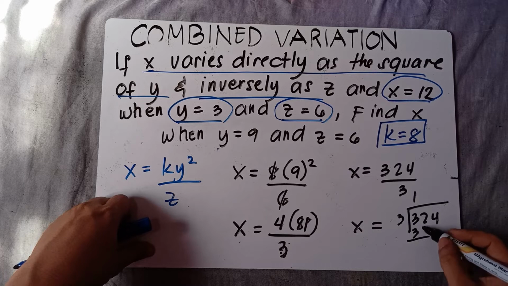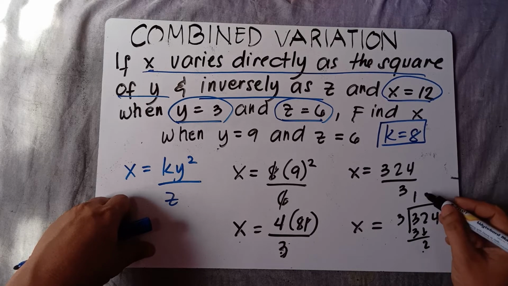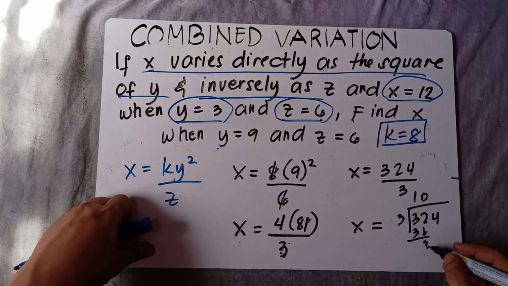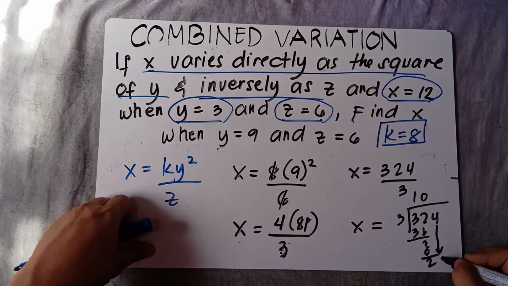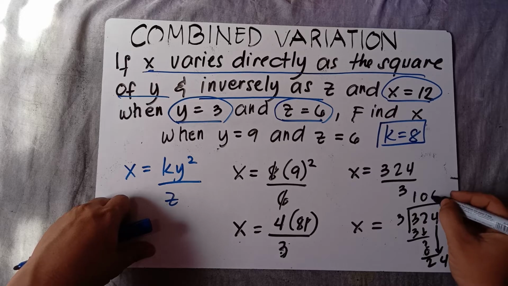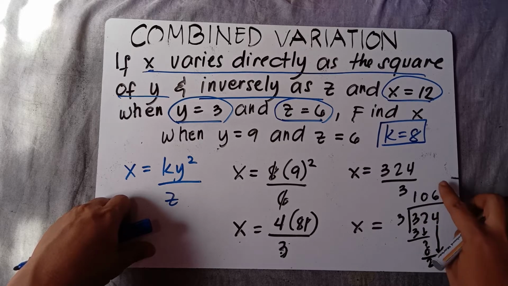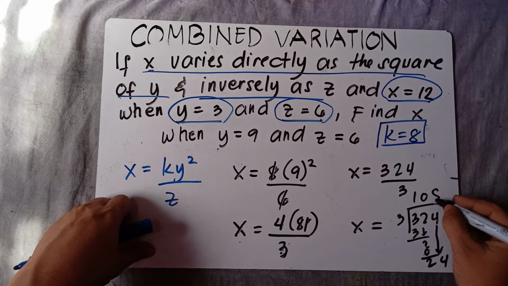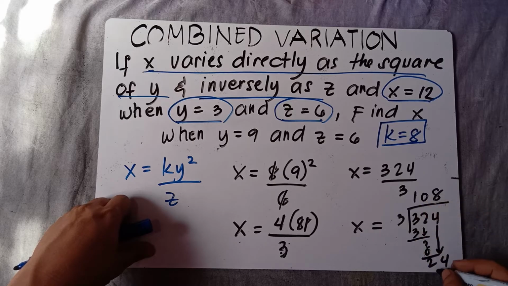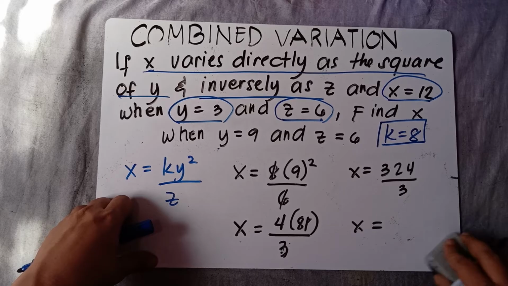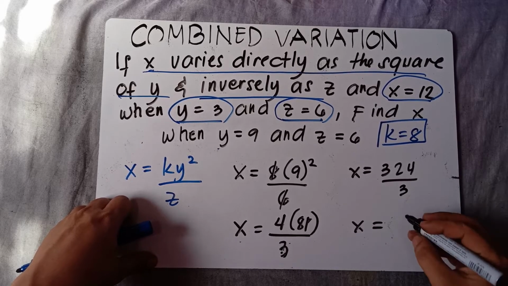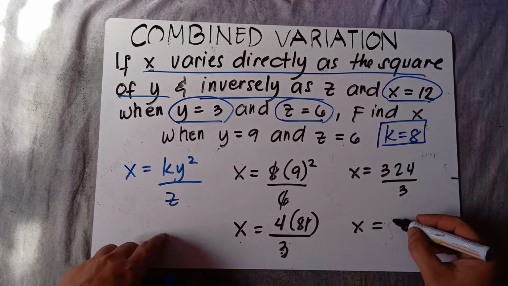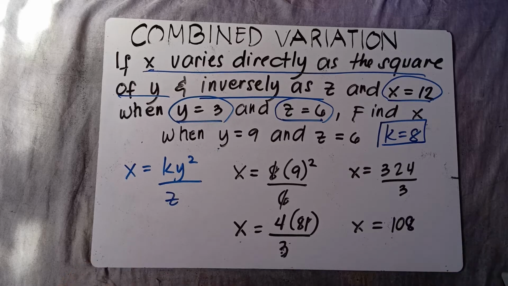Bring down 2. 2 divided by 3 is 0. Bring down 4. 24 divided by 3 is 8. 8 times 3 is 24. So that's 108. So this is now our x.